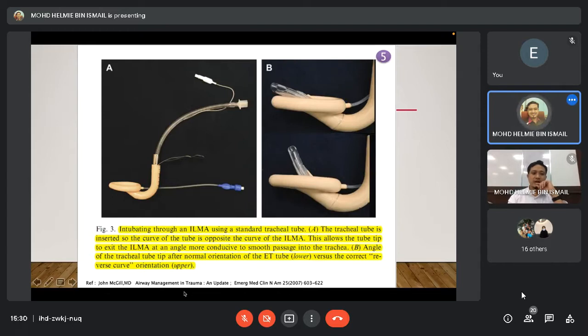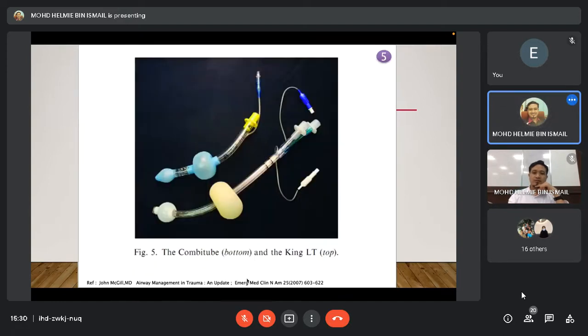You can insert it, and then after you insert it, you can use this LMA to insert the ETT. This is the intubating LMA. This one is the combi tube. The combi tube is very life-saving. It is also a life-saving device because you can intubate either inside the esophagus or inside the trachea.